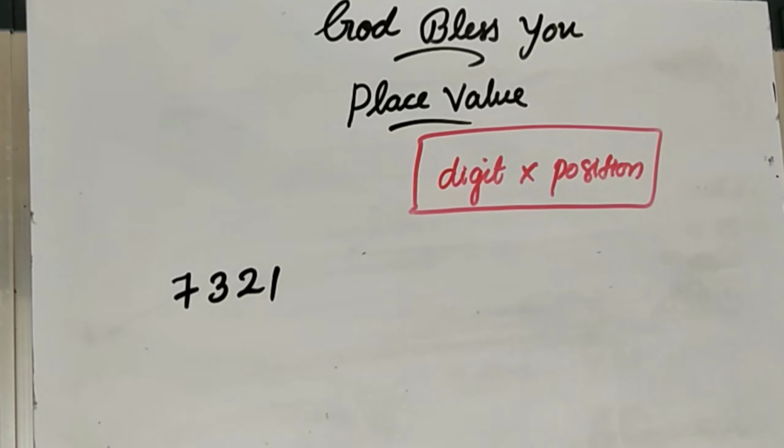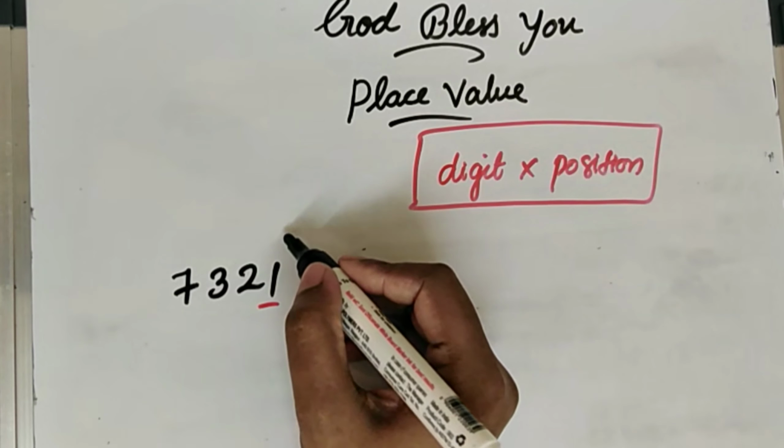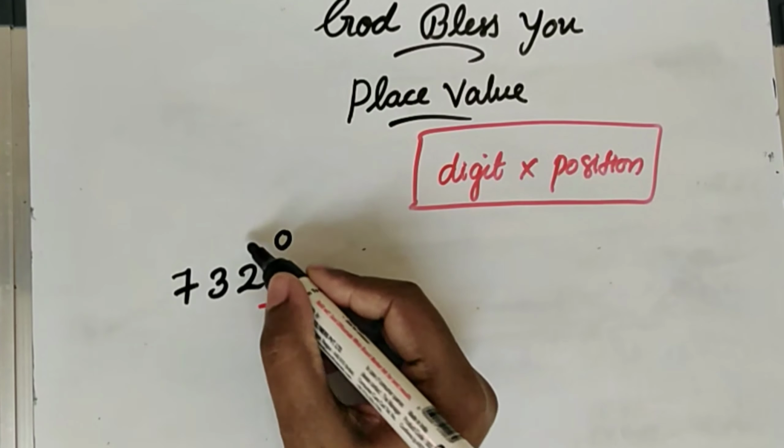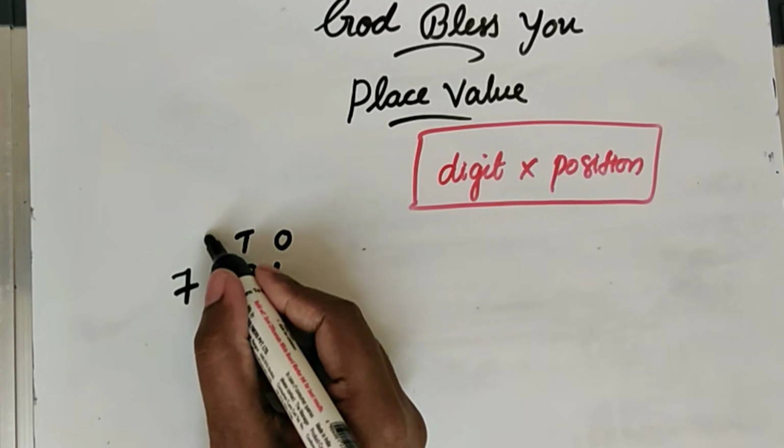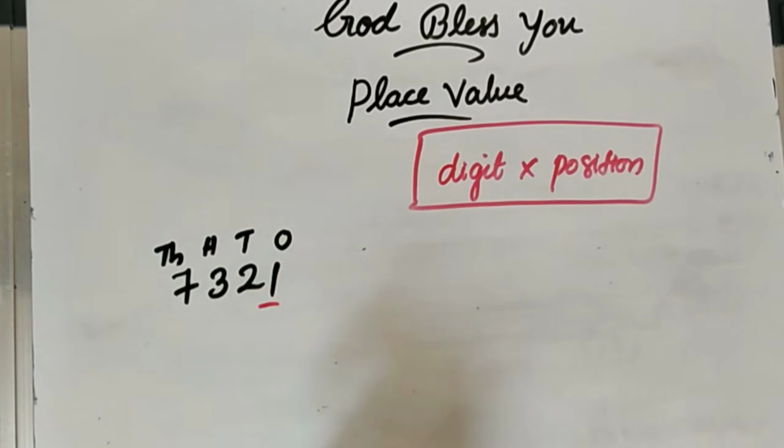7321. Find the place value of 1 from the given number. Here 1 is at 1's place, 2 is at 10's place, 3 is at 100's place, and 7 is at 1000's place.